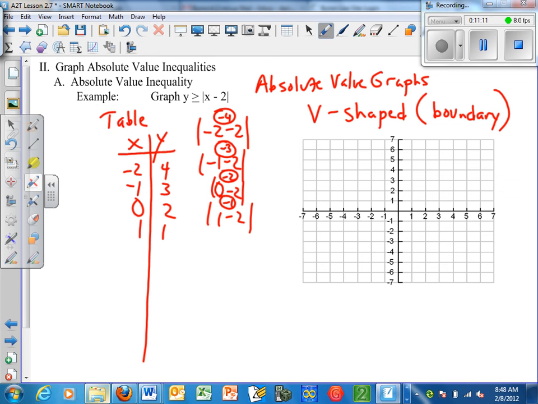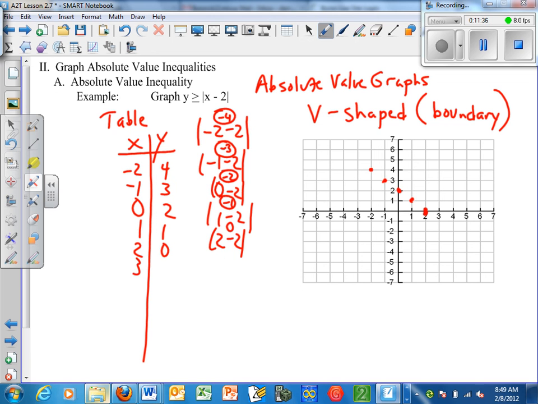Notice I haven't gotten back to where it's V'd yet. I've got -2, 4, -1, 3, 0, 2, 1, 1. Okay, so I've got to keep going here. If I plug 2 in, 2 minus 2 is 0. Absolute value of 0 is 0. Still haven't gotten to where it's V'd because this is not linear. It's got absolute value in it. I go to 3.